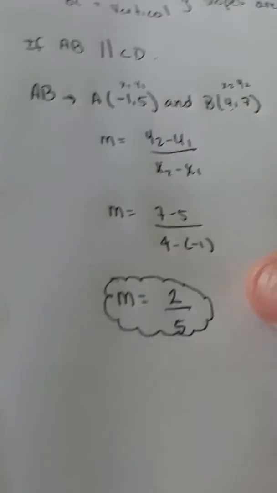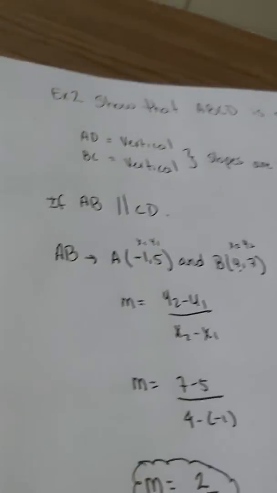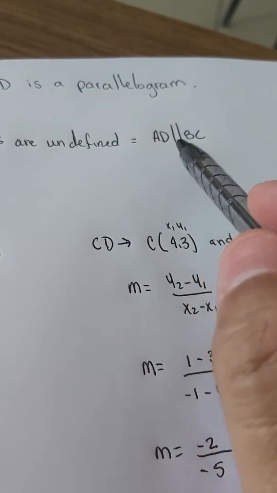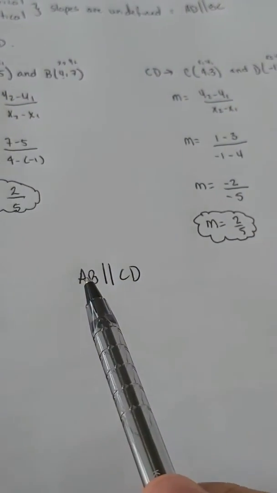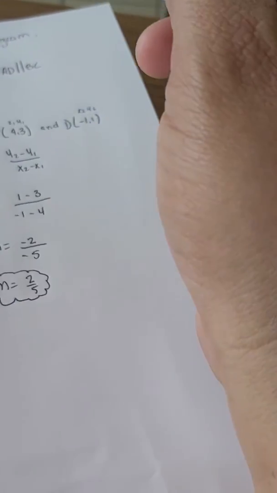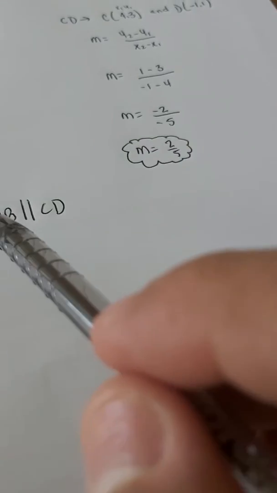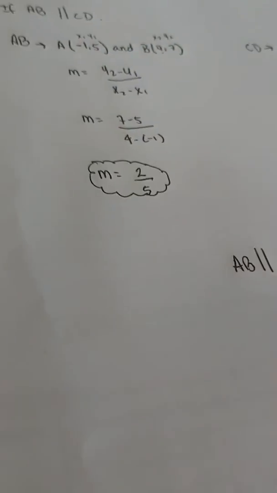Okay? Here we define it: AD is parallel to BC, and here AB is parallel to CD. So we can define it.